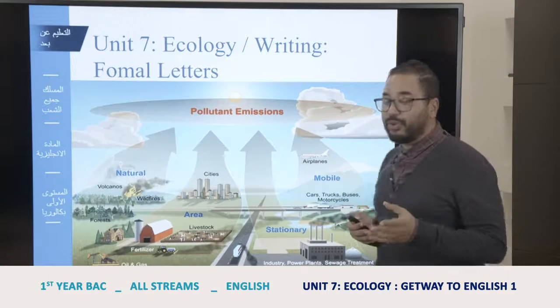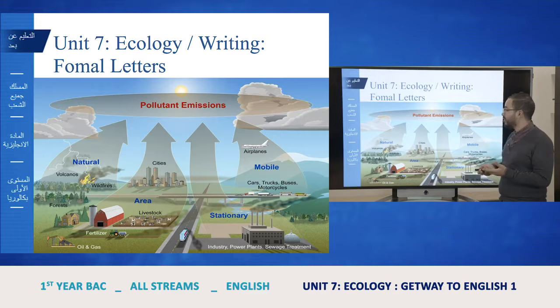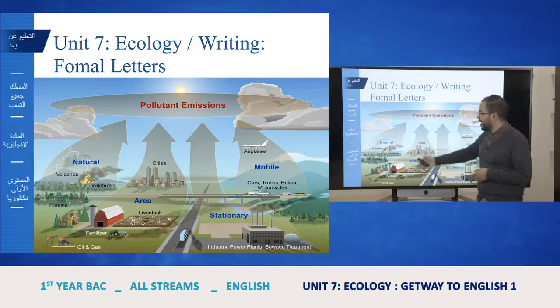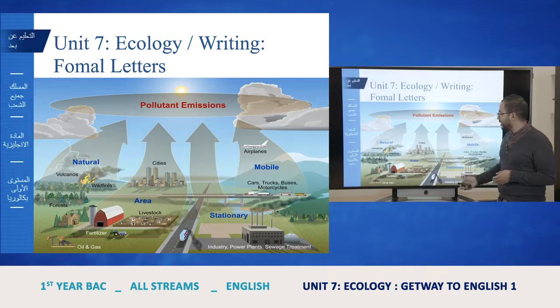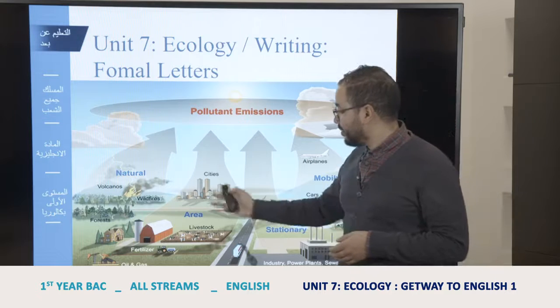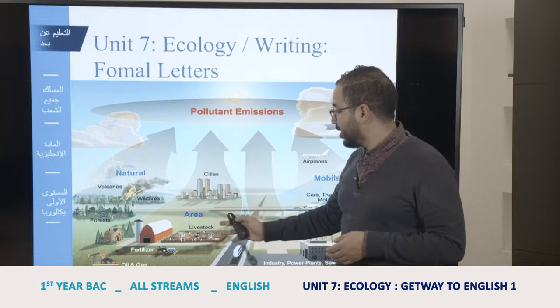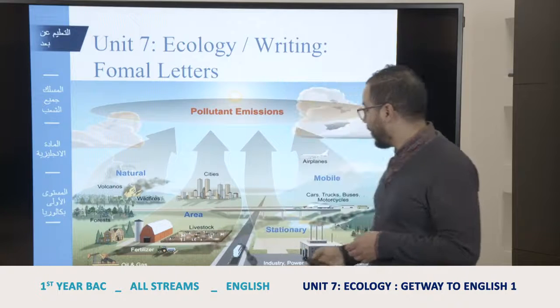Here it's like a homework for you to write about air pollution. Okay, so these are some causes of air pollution. We have here natural causes like volcanoes and wildfires, forests, the city, also the smoke of the vehicles. So this is an area, city, livestock, fertilizer, gas and oil.